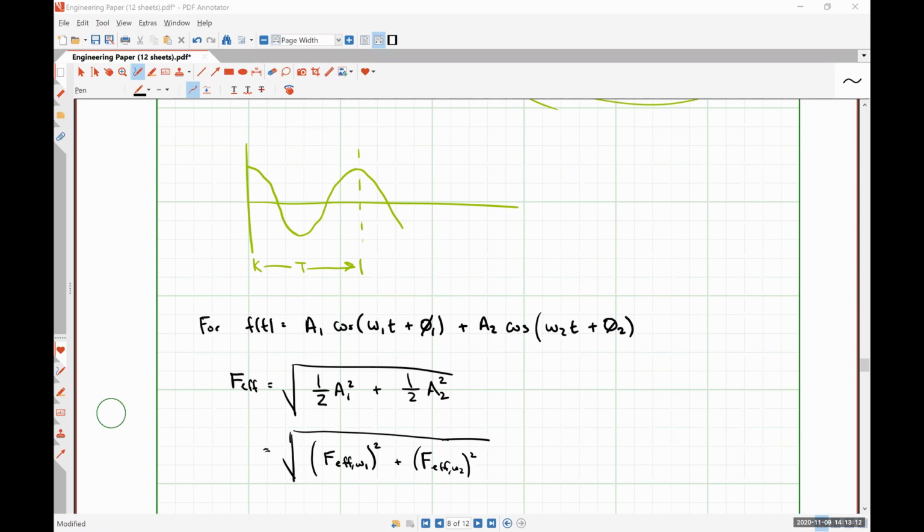The effective value at our first frequency squared plus the effective value at our second frequency squared. Why is this not working?